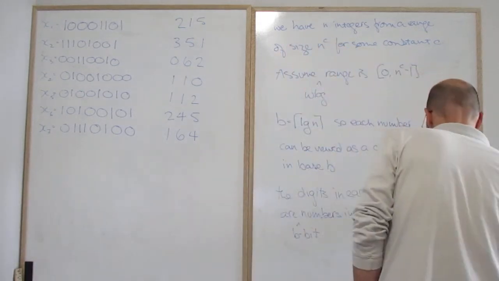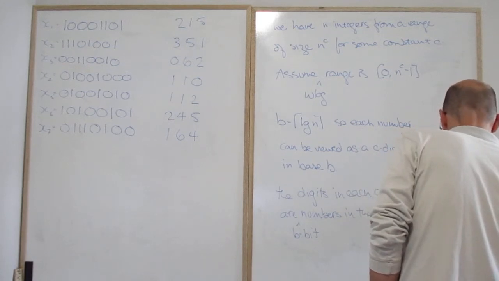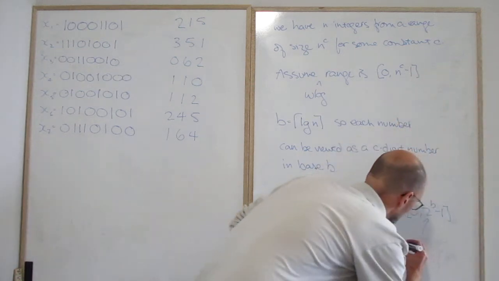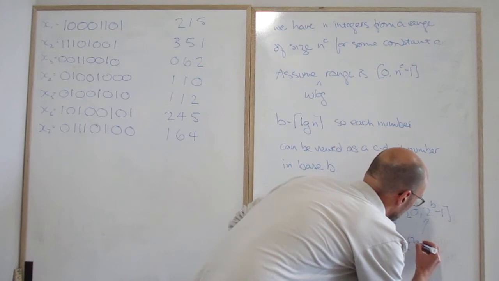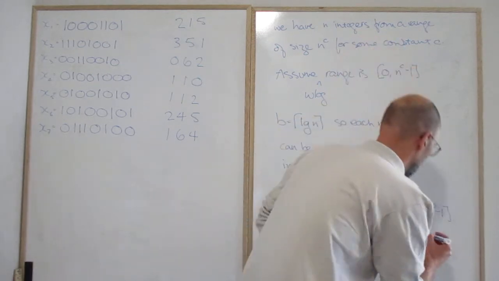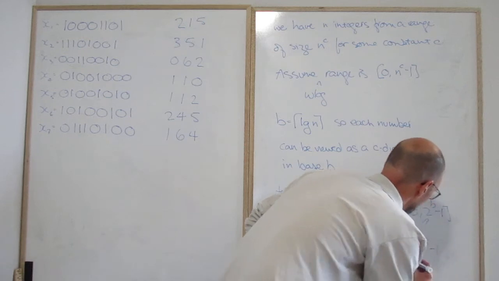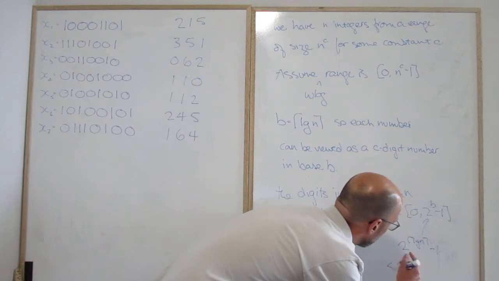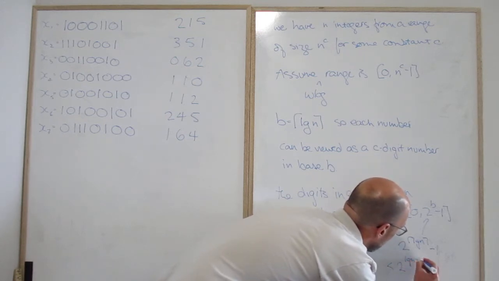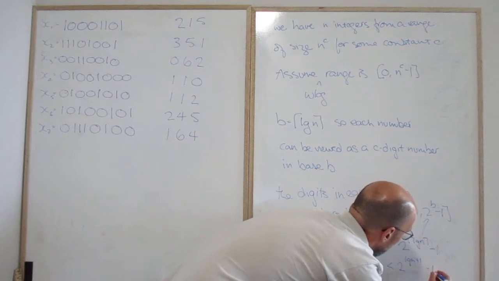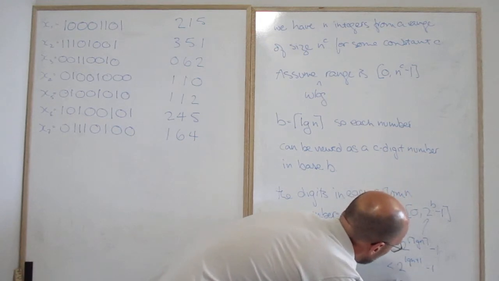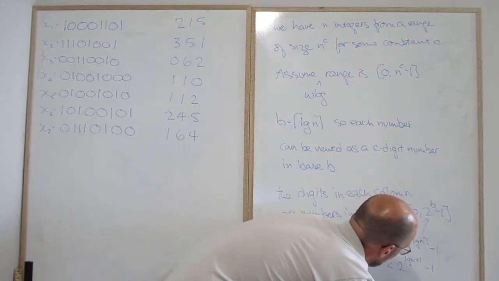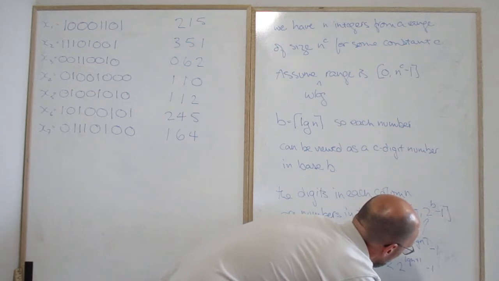So they're in the range 0 to 2 to the b minus 1. And 2 to the b minus 1 is 2 to the ceiling log n minus 1, which is less than 2 to the log n plus 1 minus 1, which is equal to 2n minus 1.